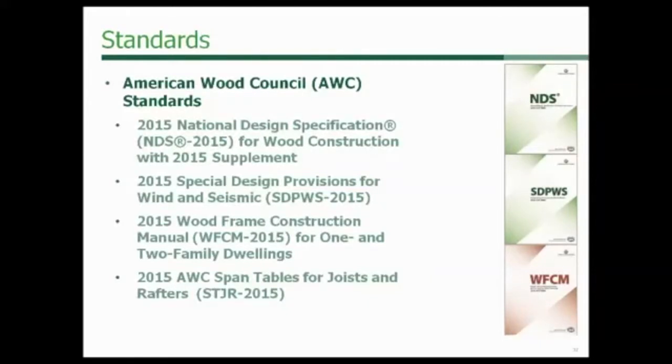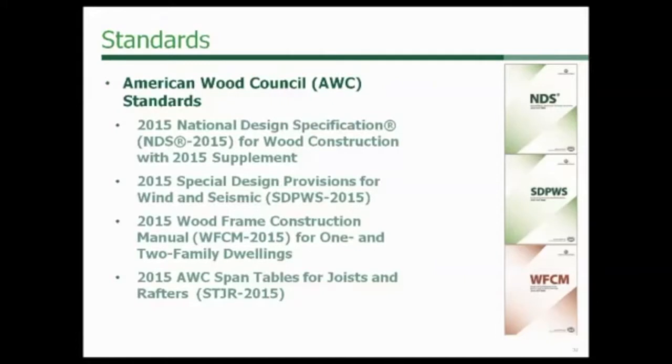First one listed here is the fundamental wood structural design standard, the National Design Specification for Wood Construction. The second one is, we affectionately call it the SPDWS, though it doesn't exactly fit the acronym, but it's the Special Design Provisions for Wind and Seismic. That contains the fundamental provisions for lateral load resisting systems, framing, sheathing, connections for diaphragms, shear walls, and also combined shear and uplift from wind.